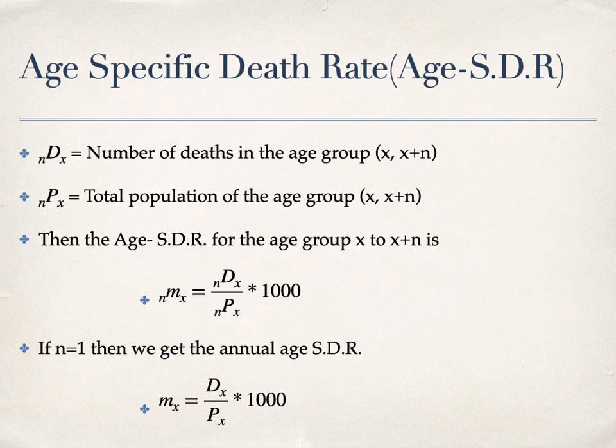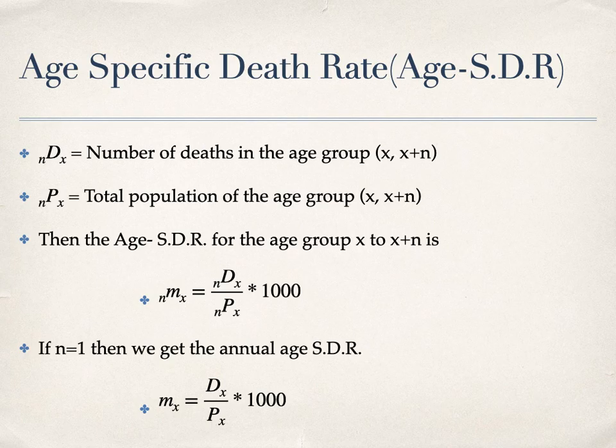We can also consider the annual age specific death rate. That is, if n is equal to 1, then nDx, or Dx to be specific, covers x to x+1. So we are going to consider people of only 1 year. Only the annual age SDR is considered.